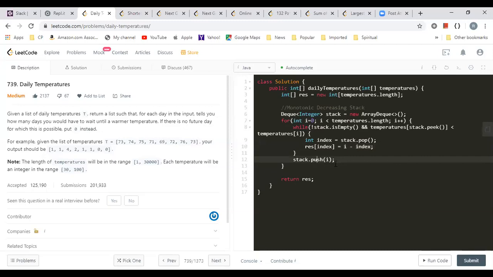It's the same problem, just the story has changed: it's a daily temperature thing. Instead of the value, they are telling you the difference, how many days. Based on the index, you should be able to figure that out. Just the subtraction of the indices for these two values will tell me that.